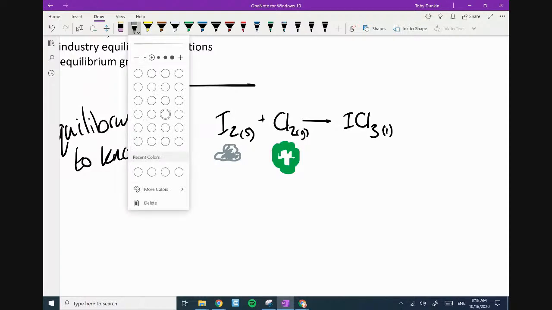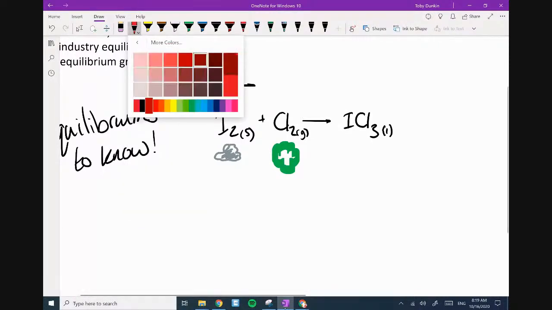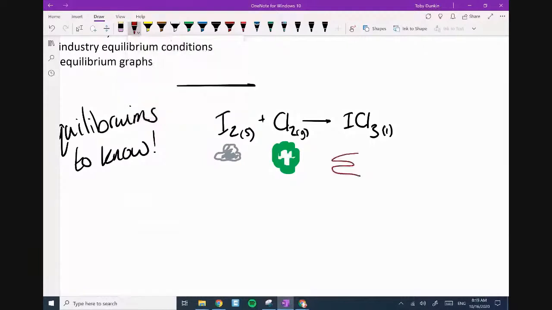It's like a browny red, a rusty kind of color, orangey brown. It's not dark enough. This is where I quite like to have more colors. Brown, it's kind of what the color is there, and I'll go for that one. So you end up with iodine trichloride, which is a brown liquid. And that's not an equilibrium.